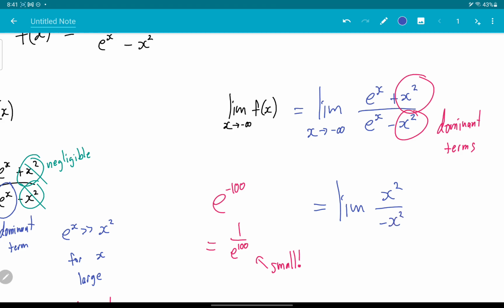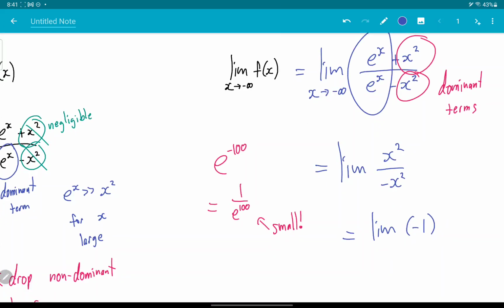So I drop the non-dominant terms. Now I can do the division, and I get negative 1 here.